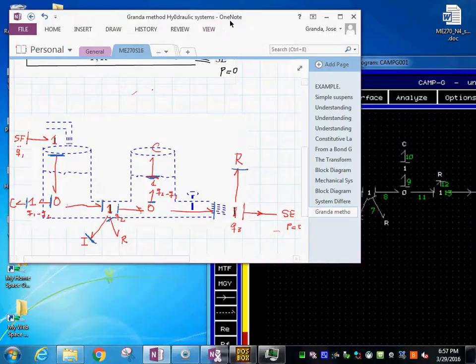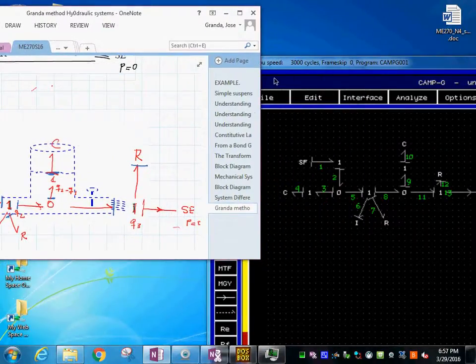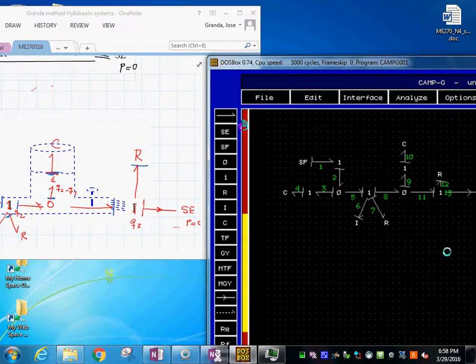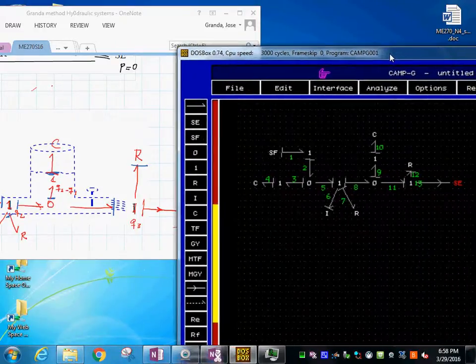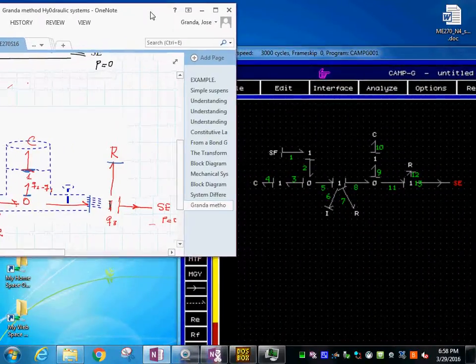Perhaps that way we can see it. And there the causal marks are assigned perfectly the same, exactly the same thing as we did by hand. Okay, so this concludes this example.